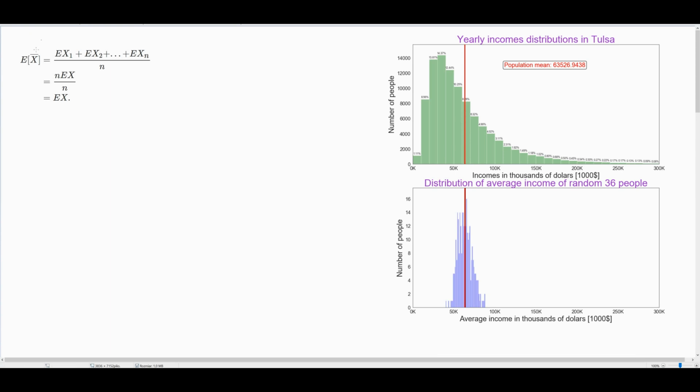And for people who would like to see a derivation of this expected value of the mean, if we add all the values in the sample and the expected value of every single sample is the expected value of the population, then we just simply have n of the same values. And what we do in a sample, we divide it by number of items. So they would cancel out and we would get x, but you probably already suspected that.